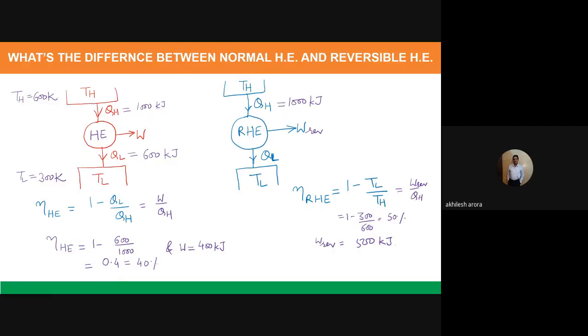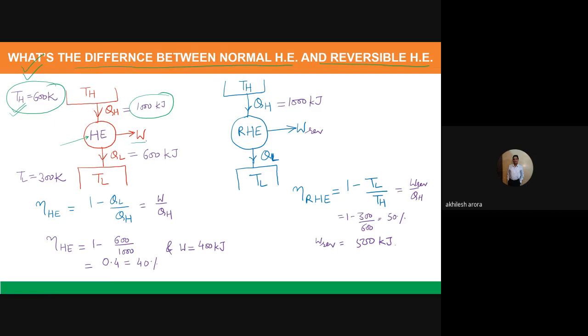Now, I will give you an example to show you the difference between the normal heat engine and the reversible heat engine. We have a thermal reservoir acting as the source at 600 Kelvin, and we are drawing 1000 kilojoules of heat from it, and supplying this heat to this normal heat engine HE.